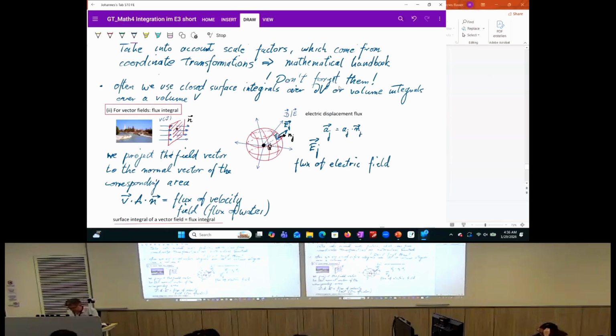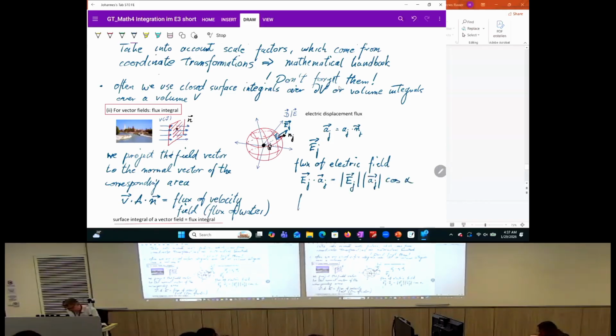Then you get the flux through that particular element by taking the field a sub j located at this element j times this element, which is basically obtained from the area value, or the surface value of that element, and given a vectorial quantity from the normal vector. So that is the absolute value.